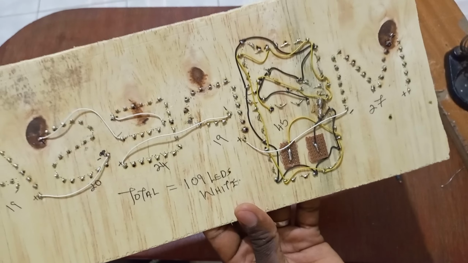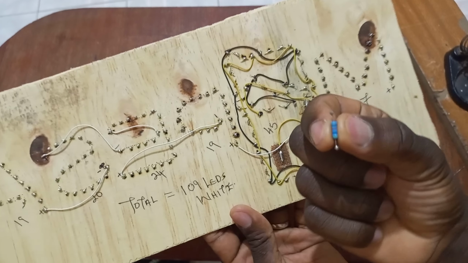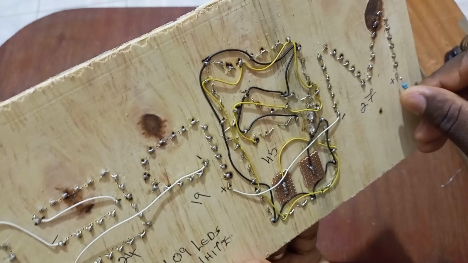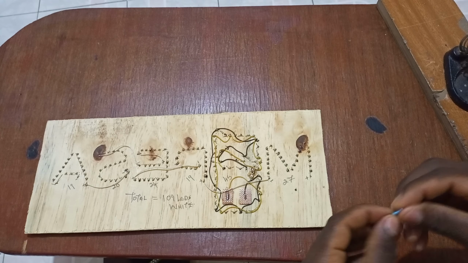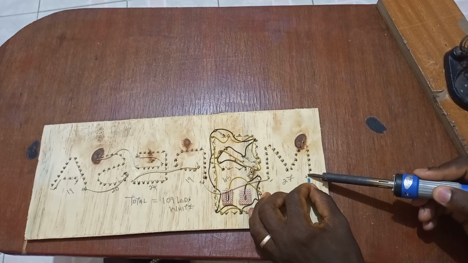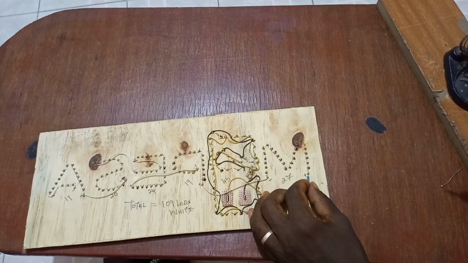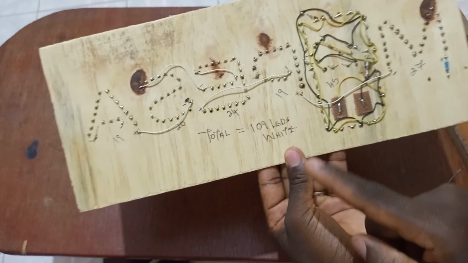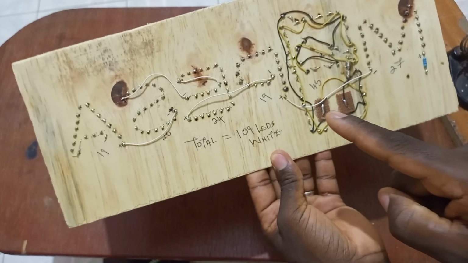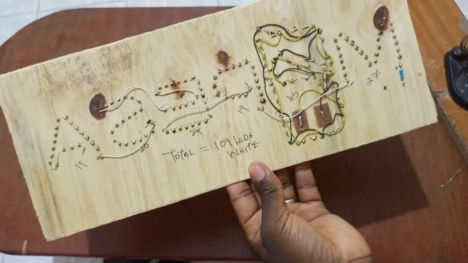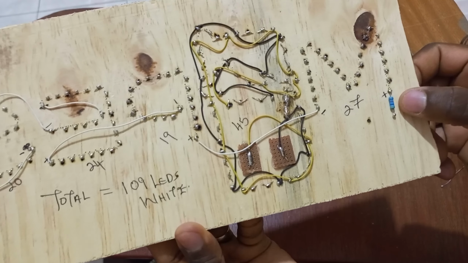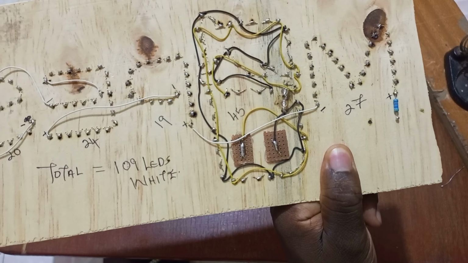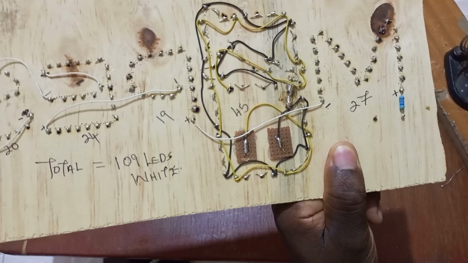So I will use one resistor which is 47 kilo ohms, and I'll solder it here on the anode of letter M. For white LEDs, between 75 pieces and 110 or 115, you can use one resistor connected in series with them, with a resistor value of 47 kilo ohms.